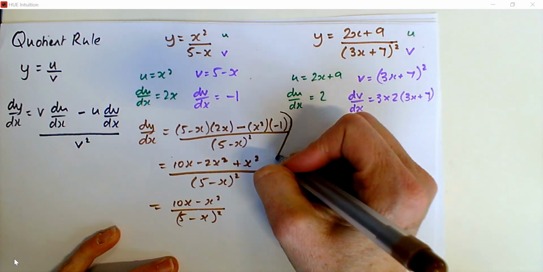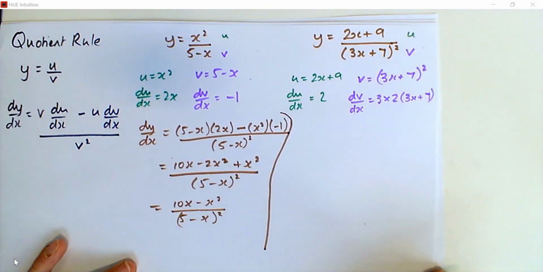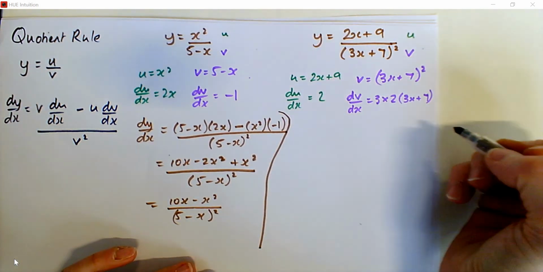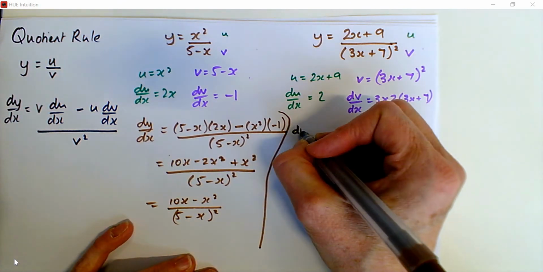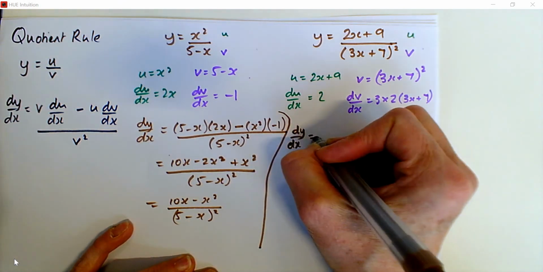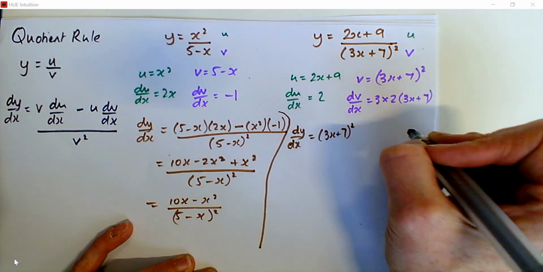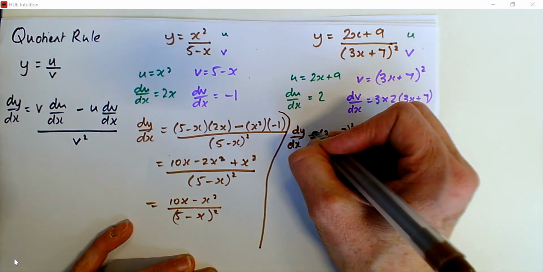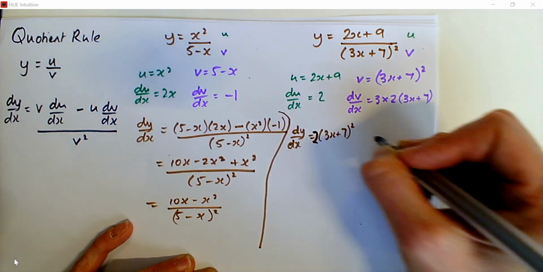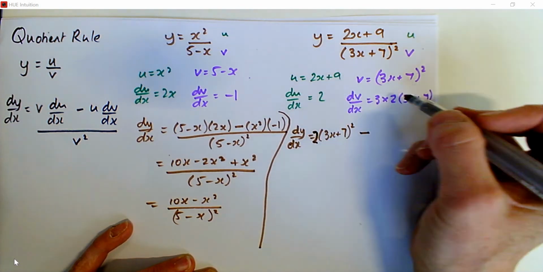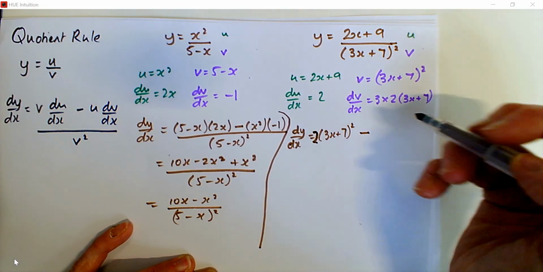Sometimes this gets a little bit long, so we'll give it some space. So we've got dy by dx is going to be v times du by dx, so that's times 2, so I'm going to put that straight at the front, minus u times dv by dx.